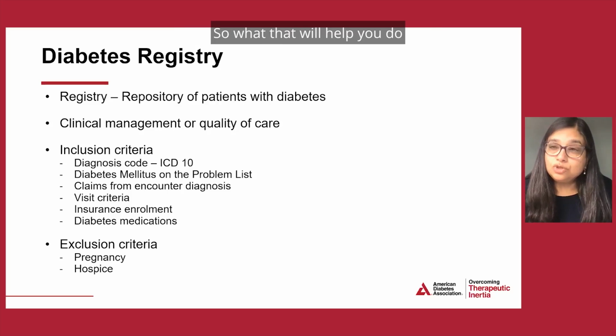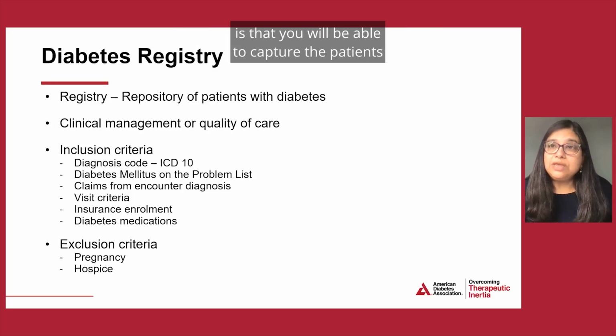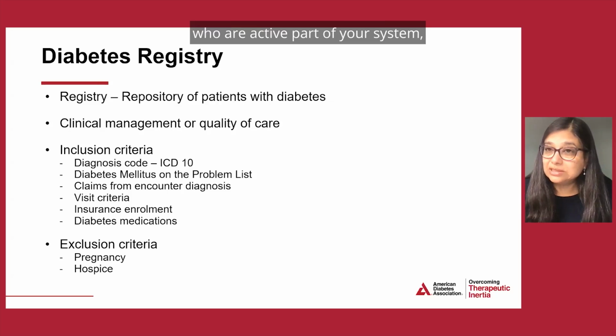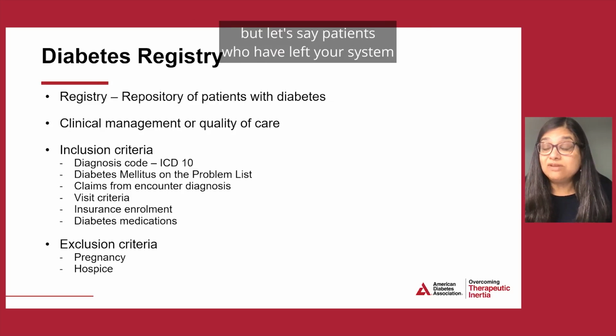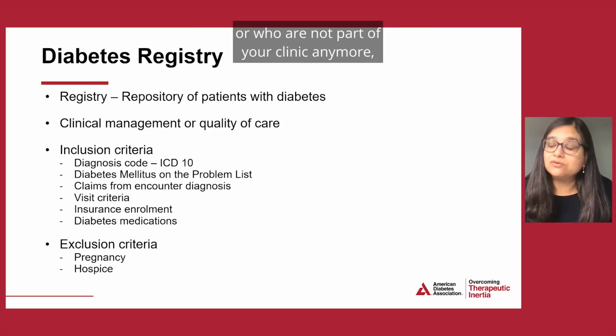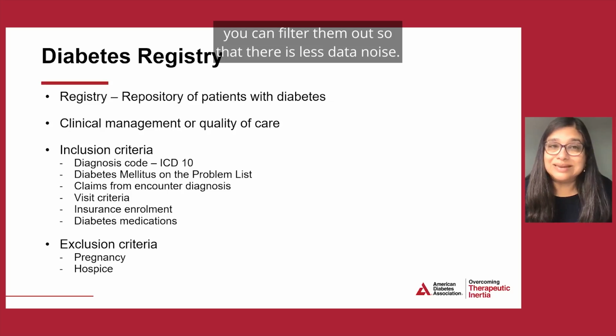What that will help you do is capture the patients who are active parts of your system, but patients who have left your system or who are not part of your clinic anymore, you can filter them out so that there is less data noise.